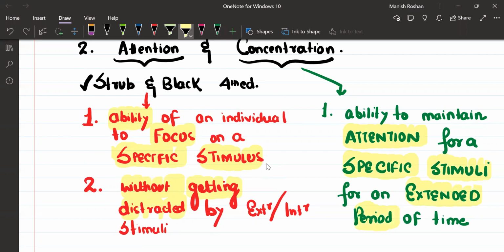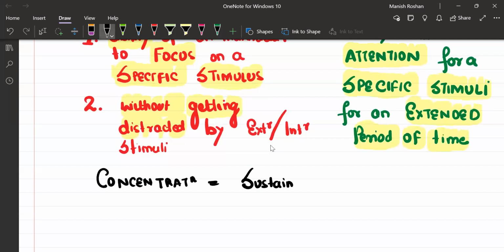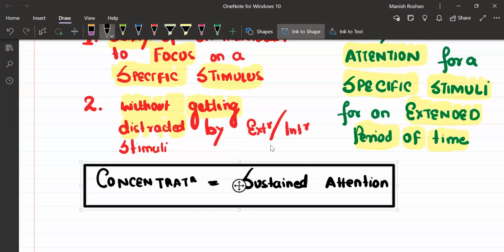So attention is defined first, and in easier terms, we can say that sustained attention is concentration. This is the concept box that we can get into.